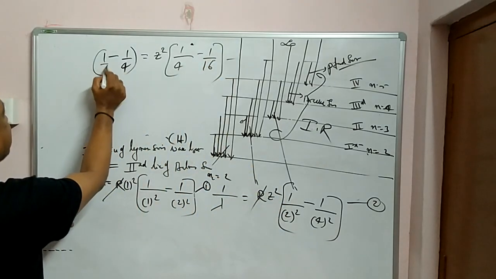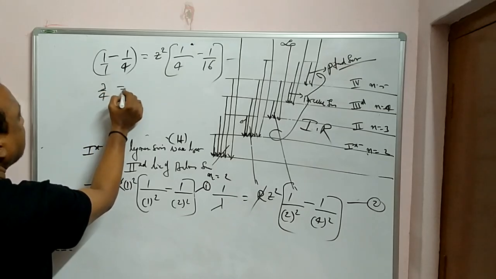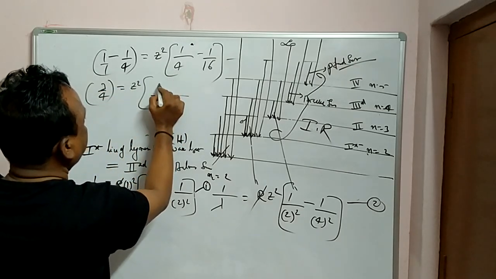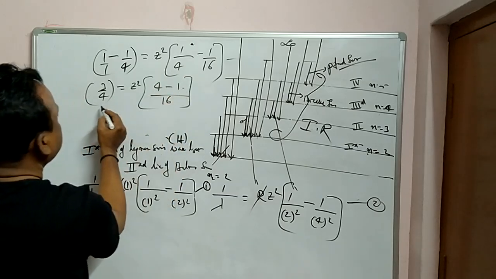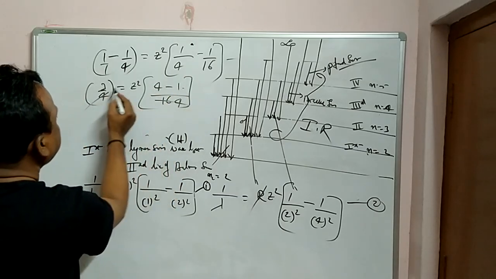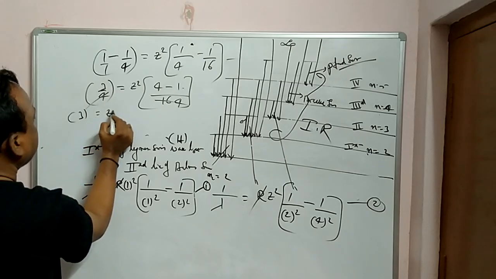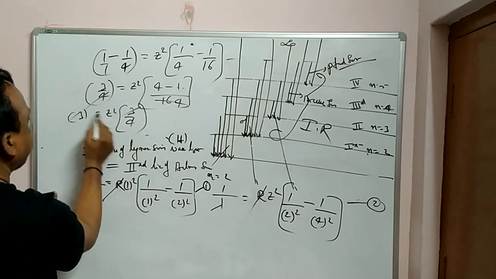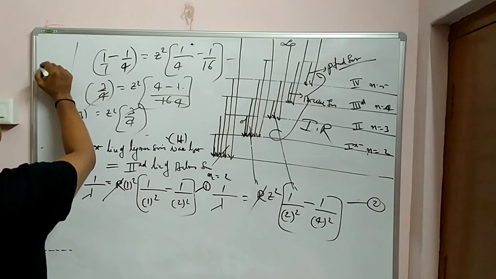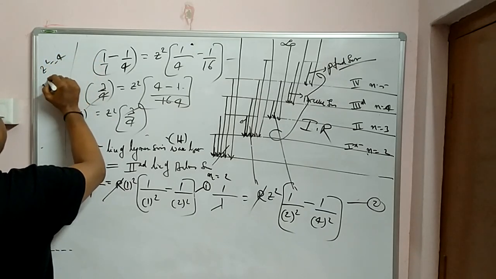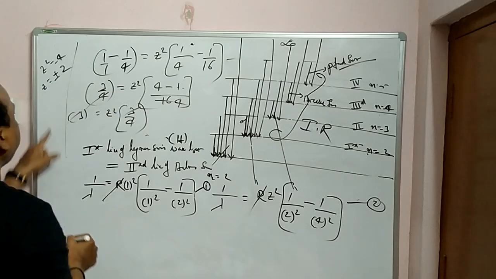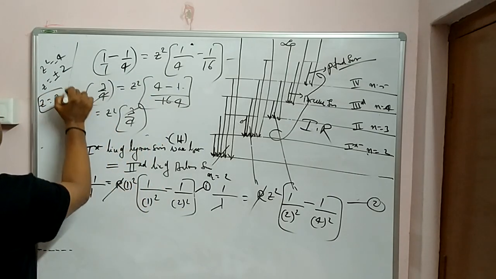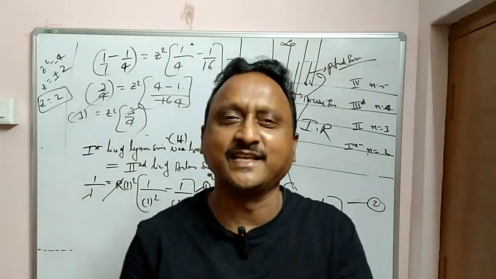So 4 minus 1 over LCM 16, 3 by 16. The 3s get cancelled. So Z square is equal to 4. Z is equal to plus or minus 2. Since atomic number cannot be negative, you take Z is equal to 2.